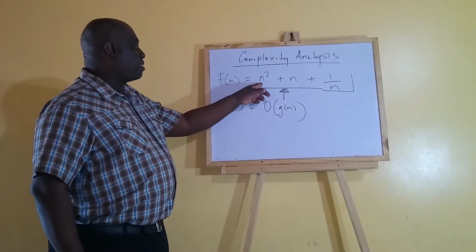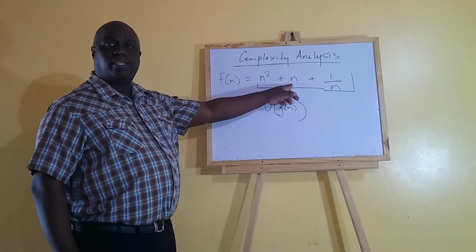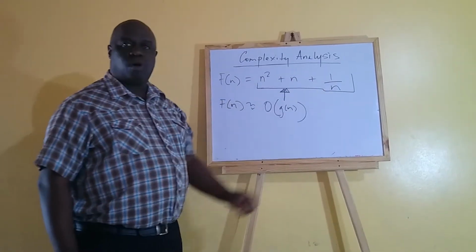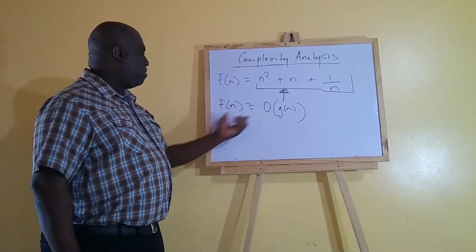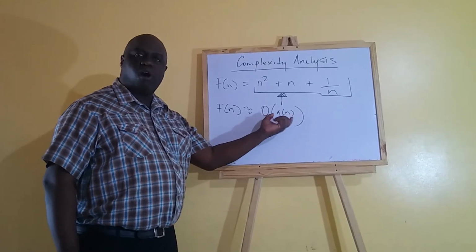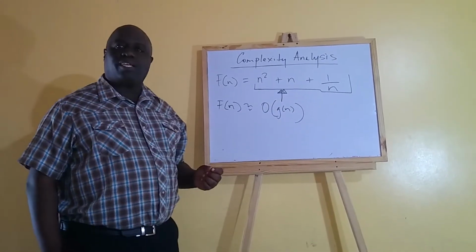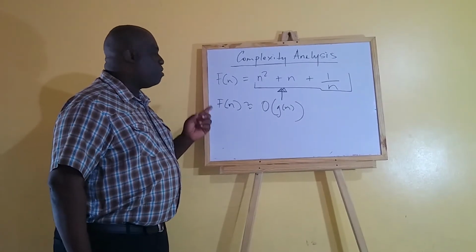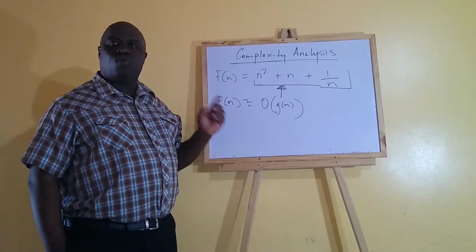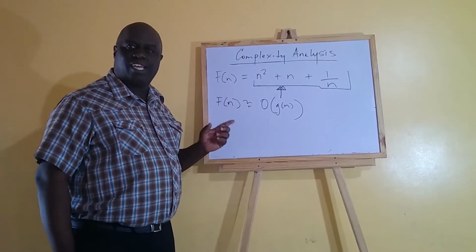One guy called n squared, one guy called n, one guy called what? 1 over n. And all of that represents my g of n operation. That will be mapped back to the f of n. So who can guess who is Asafa, who is Johan, and who is Usain?